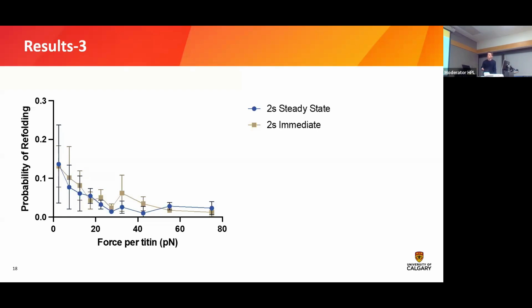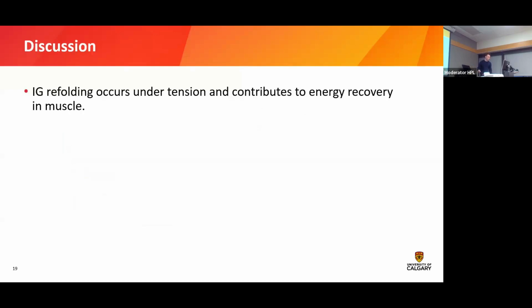What that means is that the immunoglobulin domains are behaving the same in a steady state and in an immediate protocol. This basically shows that either they're both behaving in a molten state or neither of them are, based on the fact that there's no significant difference in this graph.